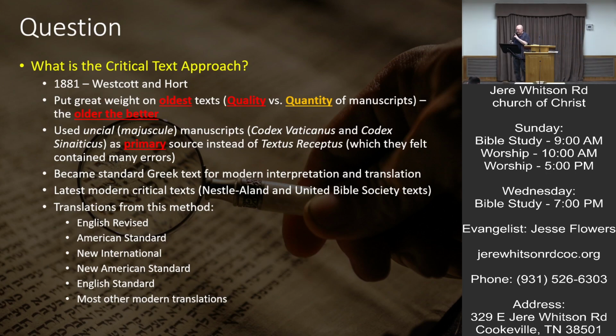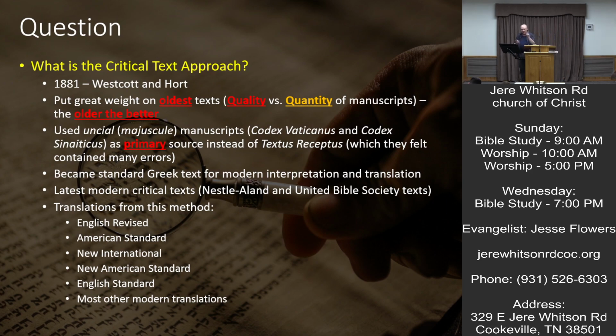So basically, they're in there looking at it and saying, it's quality versus quantity. The older the copy is, in their mind, the more accurate it is. So the closer to the original, the more accurate, because not as many copies are being made of it.